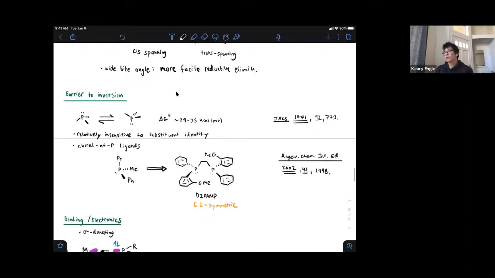One of the special properties that phosphines have, particularly in comparison to amines, is that they have a high barrier to inversion and undergo inversion at phosphorus slowly.